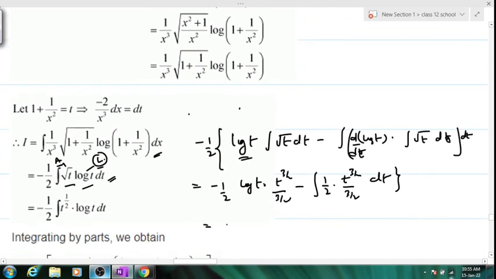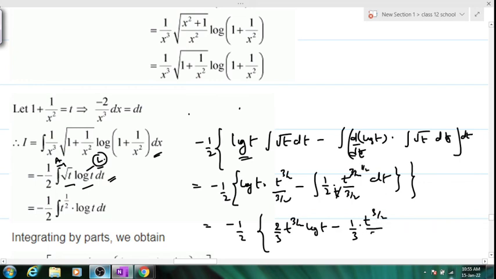Then minus 1 by 2 will be staying outside. We'll have 2 by 3 t to the power 3 by 2 log t minus 2 goes off, 1 by 3. Now there will be a t out here also. Okay, sorry. So this will cancel off and you'll have only 1 by 2 out here. So again you'll have 3 by 2 and then 3 by 2 in the numerator. Yes.